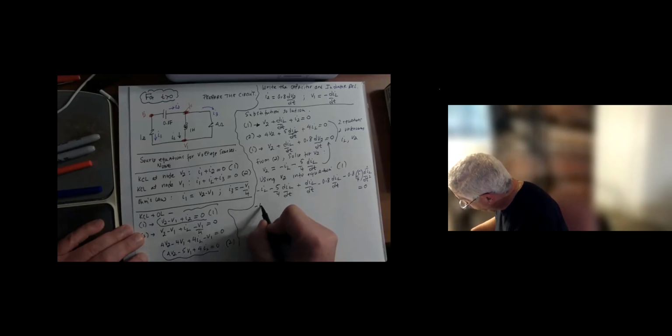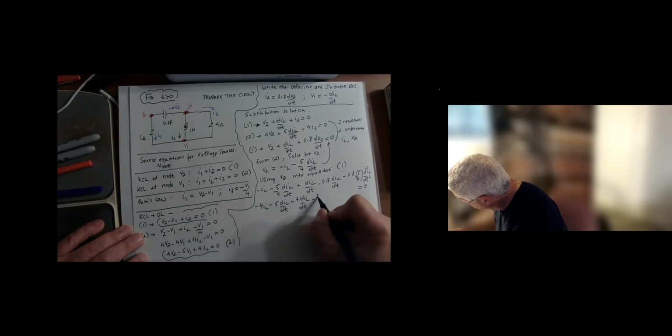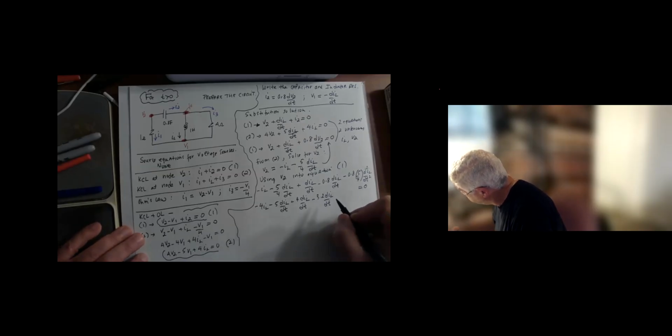I have minus 4IL minus 5 dIL dt plus 4 dIL dt plus, so minus 3.2 dIL dt minus 4 second derivative of IL with respect to t squared equals 0.